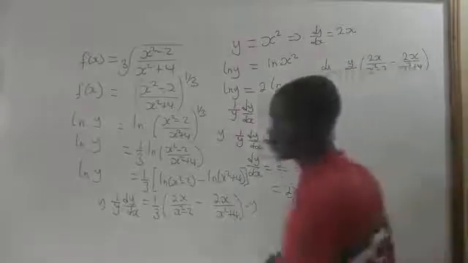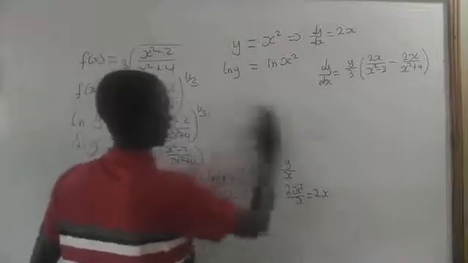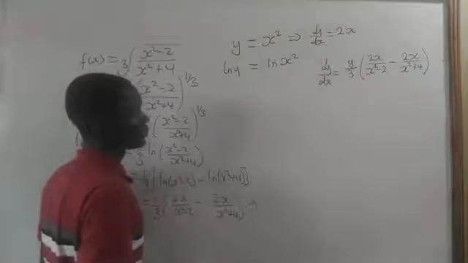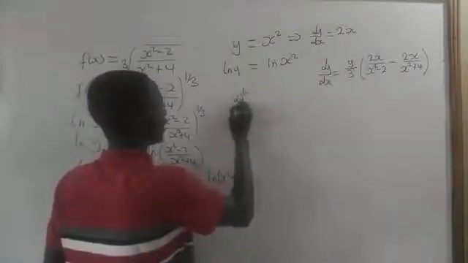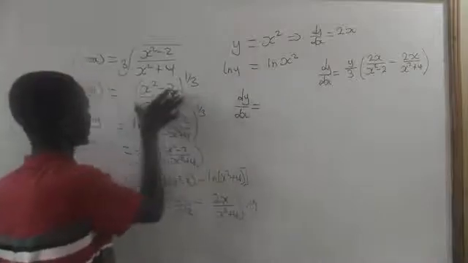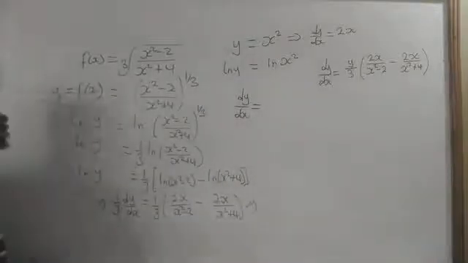Let me have the board so that I can do it very, very nicely here. 3 is there, so the derivative of y with respect to x is equal to, this is y, because I said that I'm letting y equal to f of x.